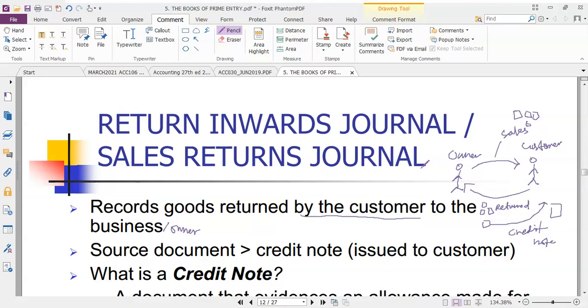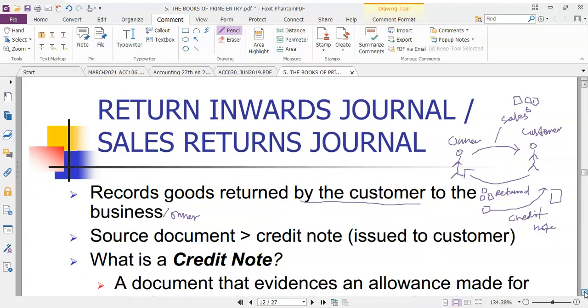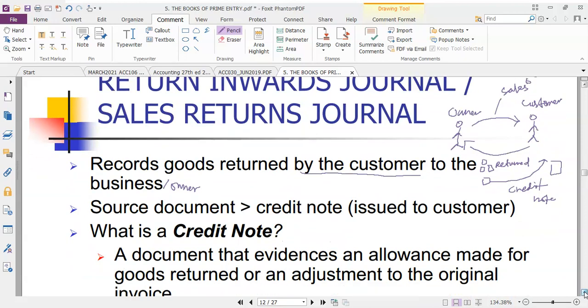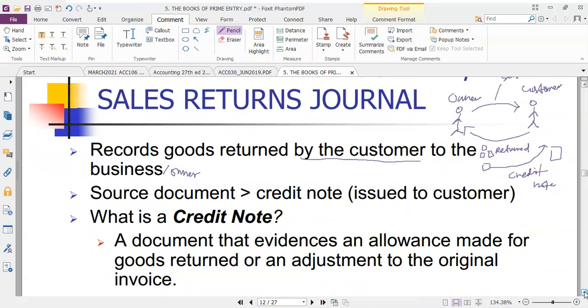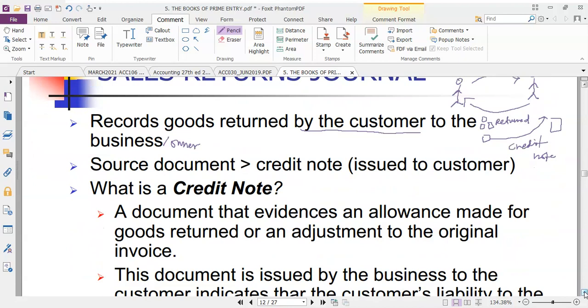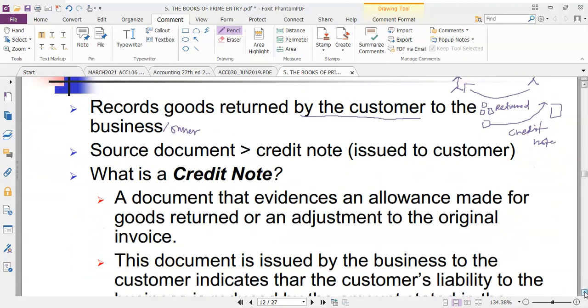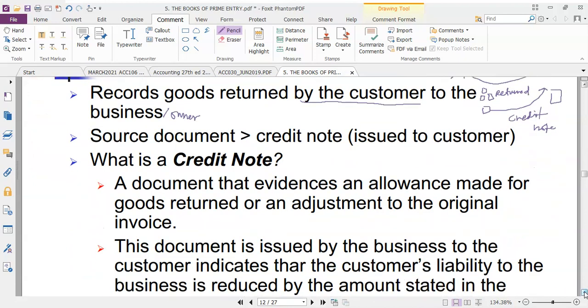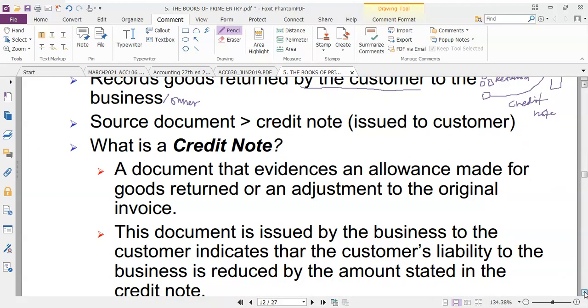Jom kita tengok apa yang ada dekat credit note. A document that evidence an allowance made for goods return or an adjustment to the original invoice. This document is issued by the business to the customer, indicate that the customer's liability to the business is reduced. Nampak?